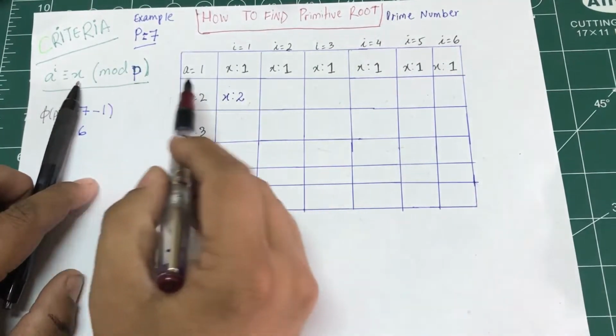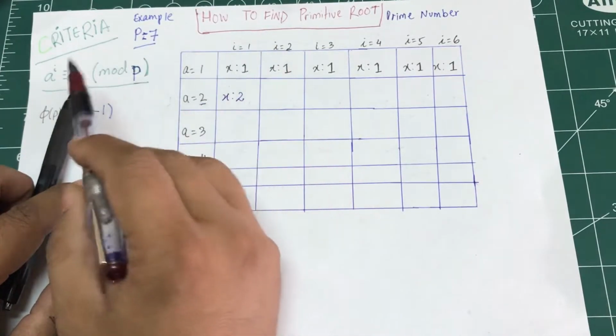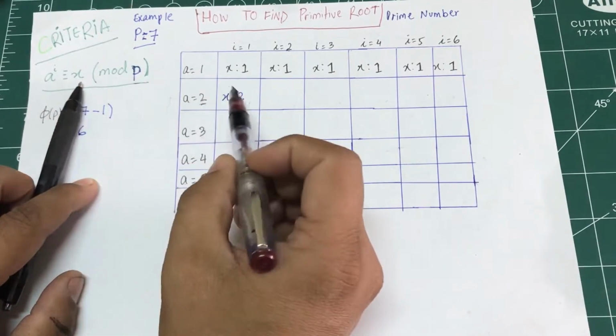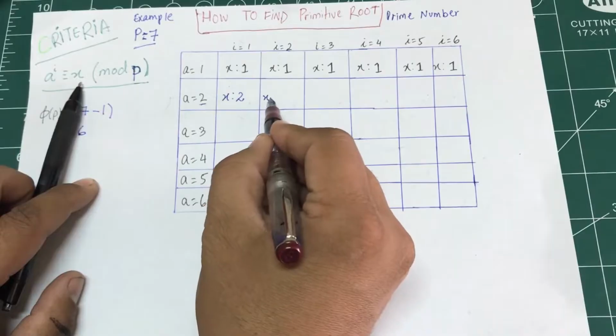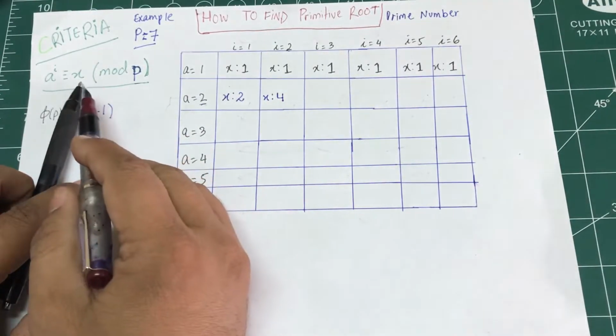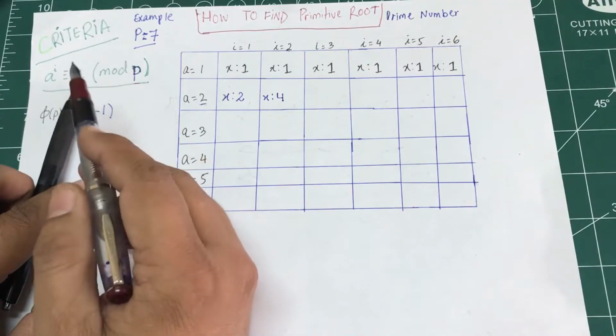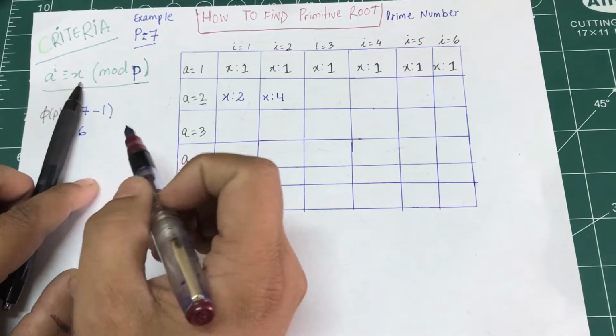Now 2 raised to 2 mod 7: 2 raised to 2 is 4, and mod 7 gives me 4. 2 raised to 3 is 8, and mod 7 gives me 1.